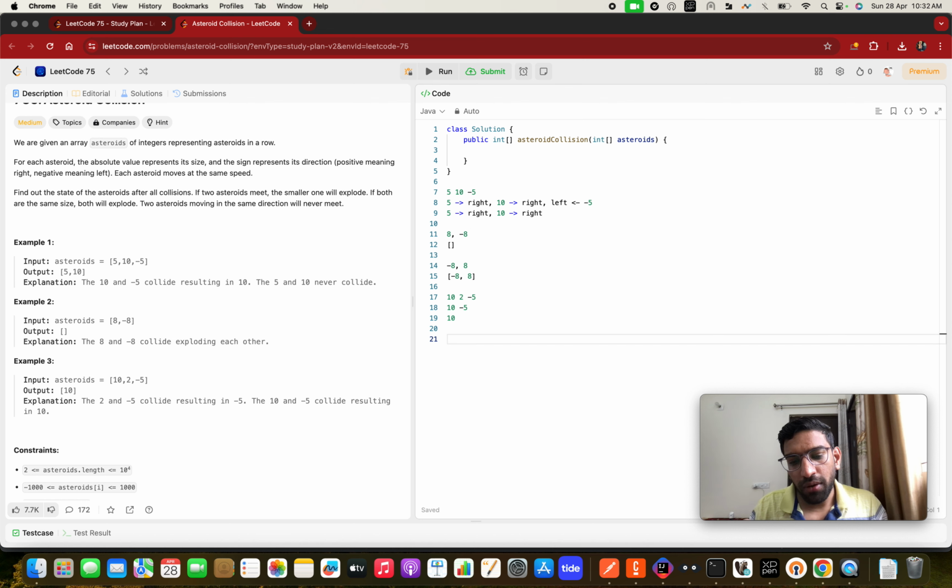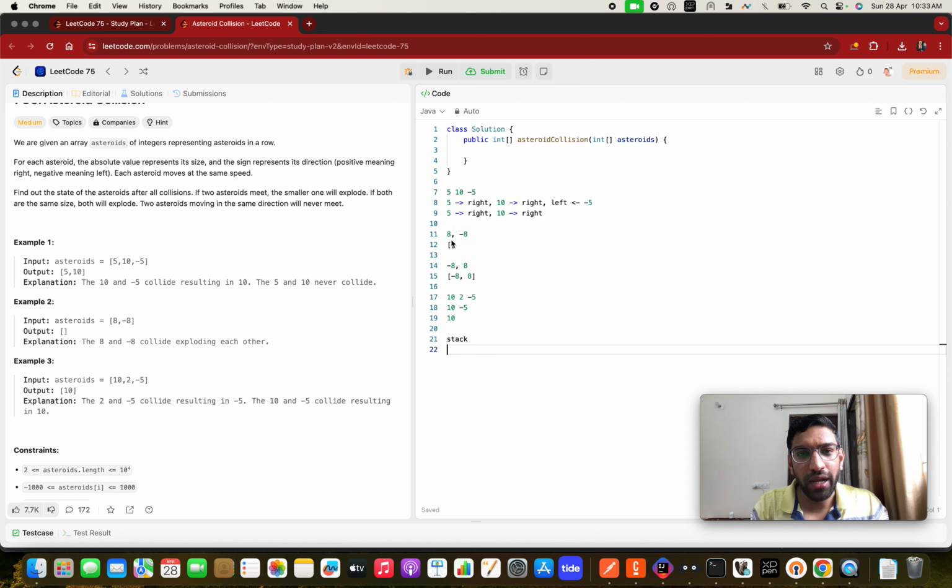The way to solve this problem statement is using a stack. One thing to notice, a collision only happens if there is a negative asteroid coming, and there is a positive asteroid already coming in the right direction, and the negative asteroid is coming in the left direction. Only if these conditions are met is there a chance of a collision. So we can create a stack where we keep pushing our asteroids.